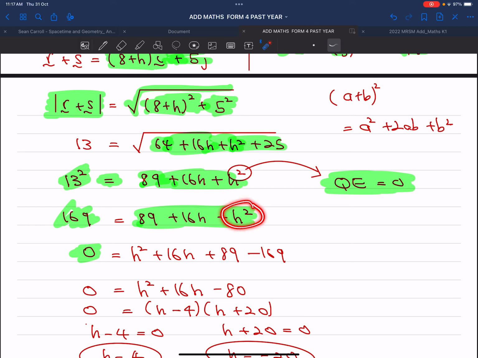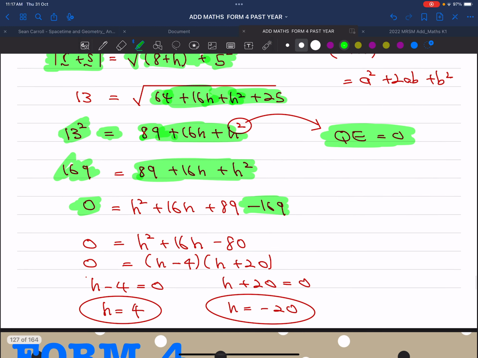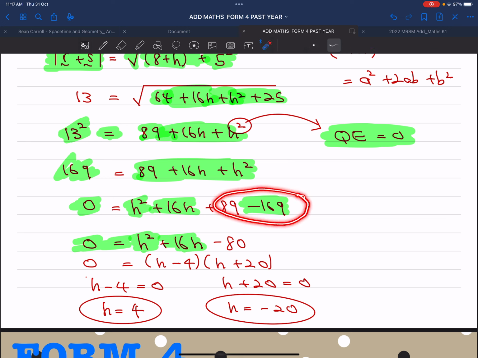So I have h squared, I put in front, 16h, I put 16h, and then 89 is 89. The 169 I transfer to right hand side becomes minus 169. So finally I have 0 equals h squared plus 16h, and 89 minus 169 would give me minus 80.